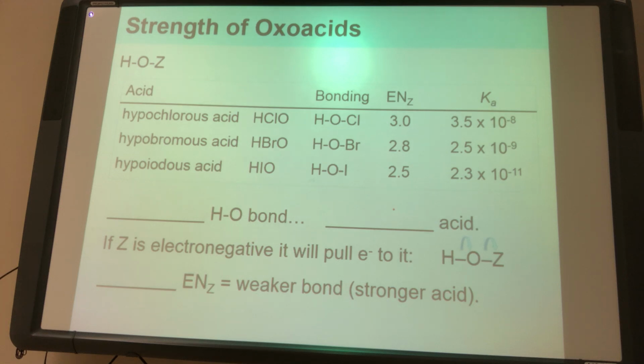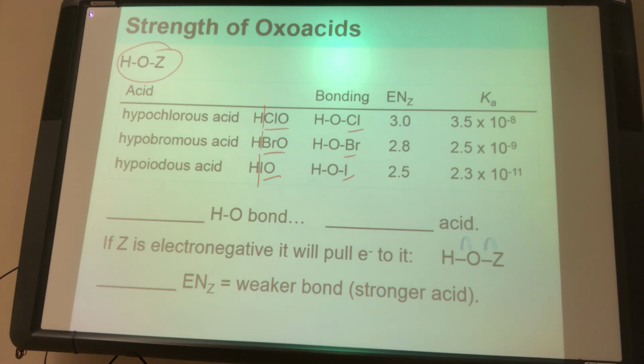Now let's talk about if it's an oxyacid. So remember, oxyacid, you had your H, and then you had a polyatomic ion. So these kind of look like you've got your H, your O, and then your non-metal. So we see it like this, HOZ. So the same thing applies. If I want this to be a strong acid, I need this H to pop off.